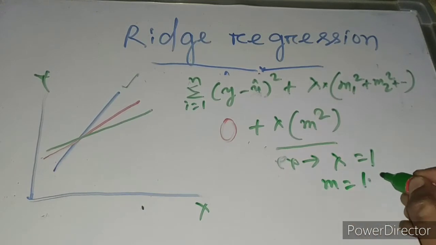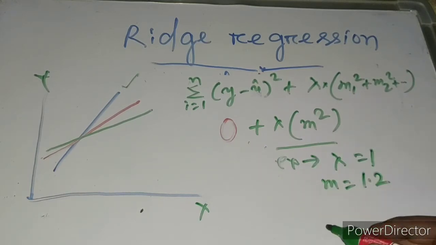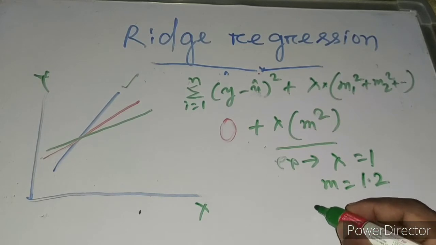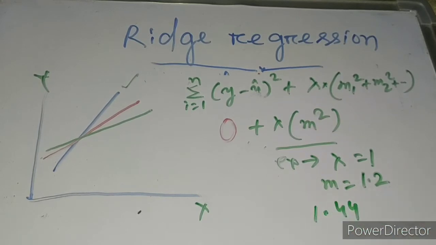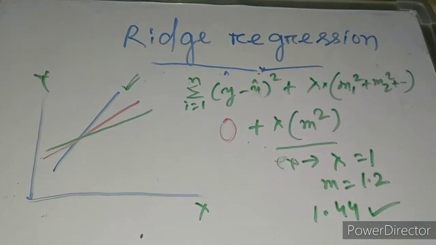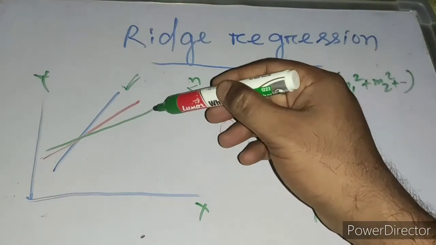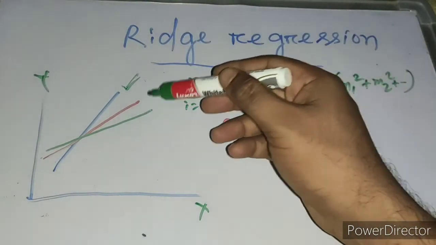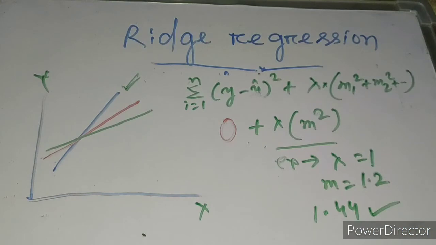If this calculation is done, then definitely we will be getting something like 1.44, which will be the value of ridge regression. Suppose this 1.44 is the calculation of this blue line, but how do we get this green line, or this red line, to decrease the stiffness?